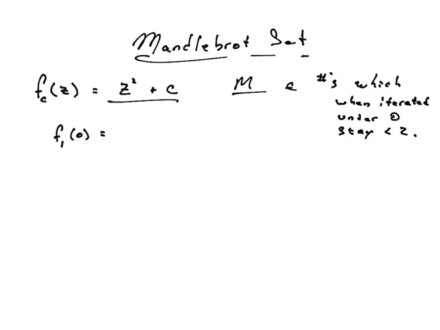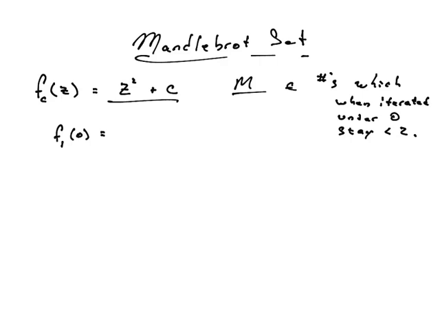That constant is set, and that's the number we're testing. Does it belong in our Mandelbrot set or does it not? So c is the number we're going to test. z is like a starting seed. It's what number we're going to start off with and then see what happens later.